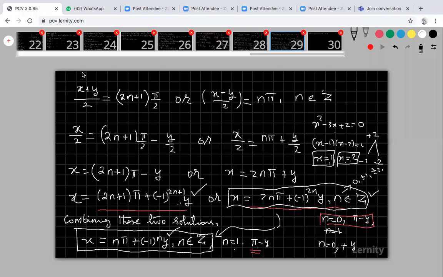So my cos x equal to 0 implies x is equal to 2n plus 1 pi by 2. In place of x, I am having x plus y by 2. That's why I'm writing it. Are you okay? Yeah, good.